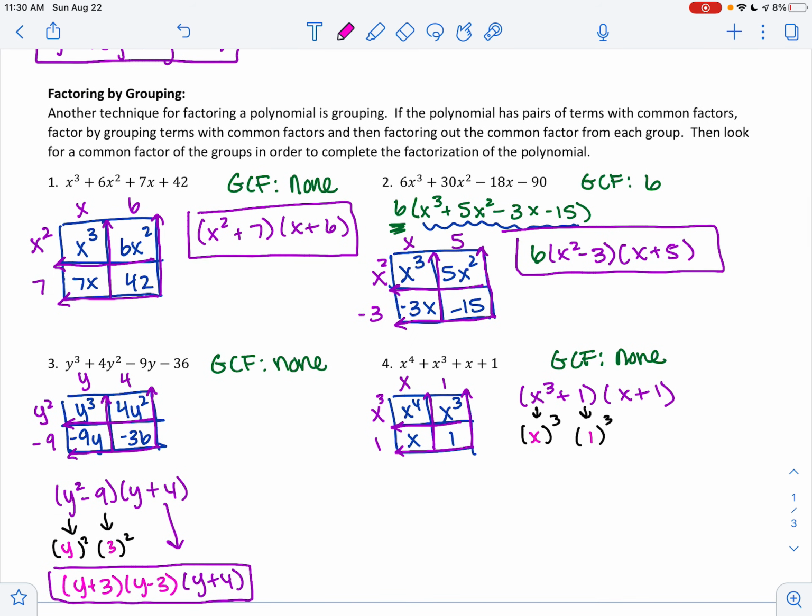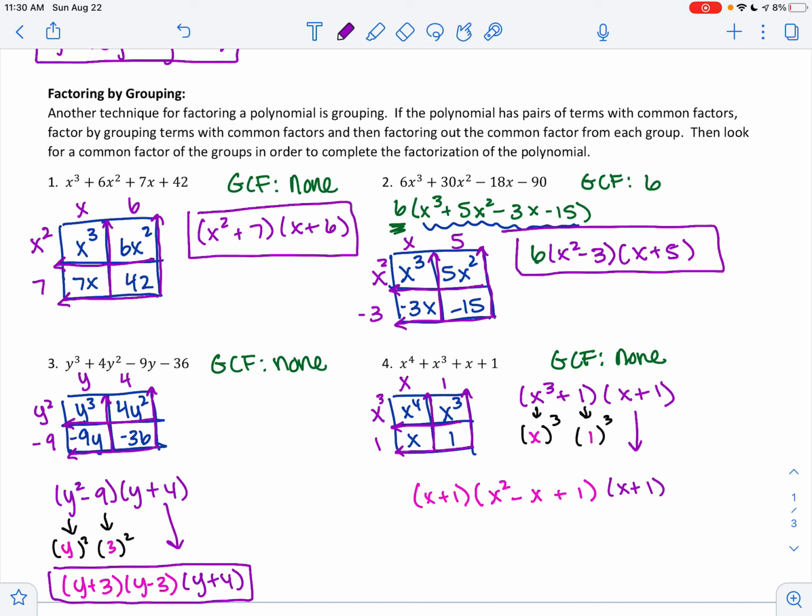So I will have x plus 1 times x squared minus x times 1 is 1x plus 1 squared is 1. And then this factor is linear, so that one is factored completely.